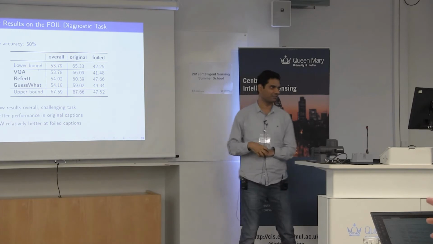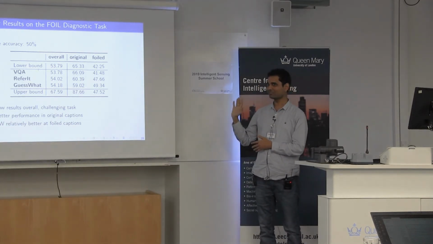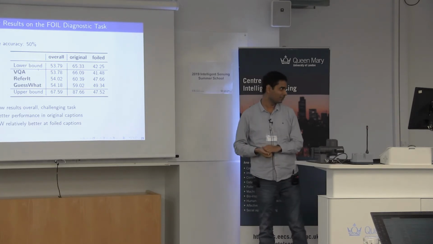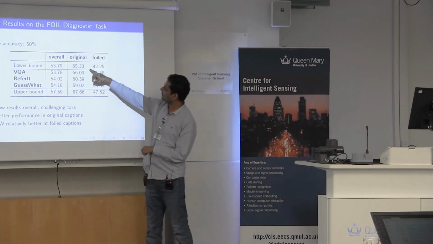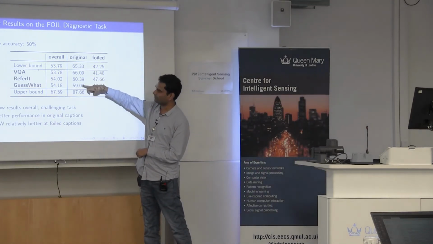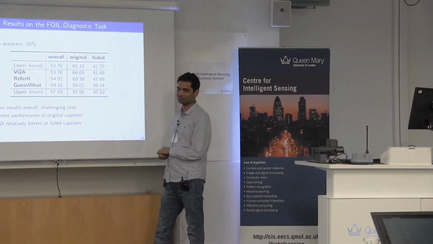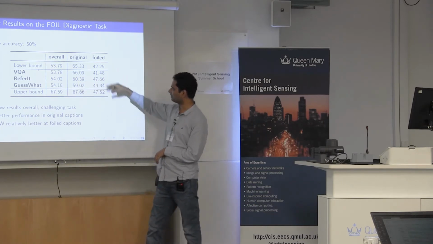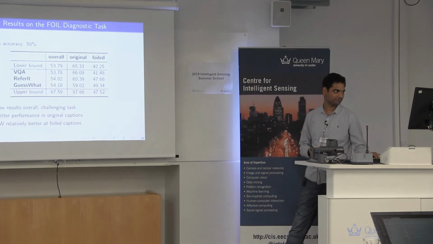These tasks are not bringing any extra information. One more thing we found is that in general, the original caption comparatively works better than getting the foil captions. If you look here, it's around 60%, and these are around less than even chance level.